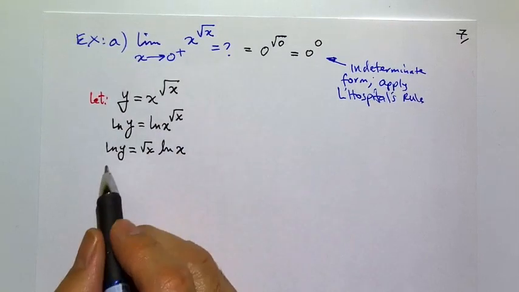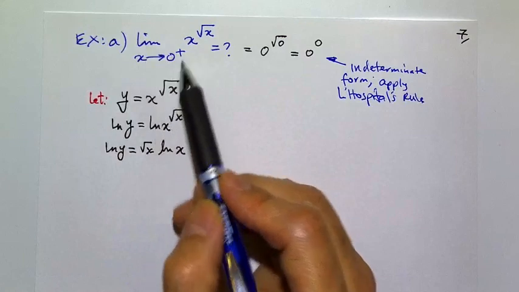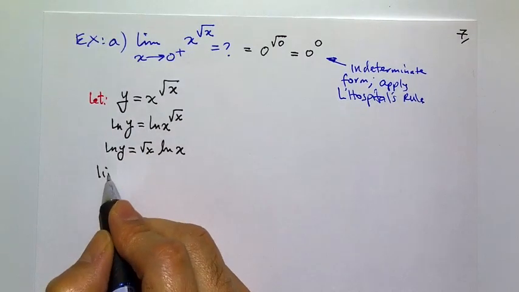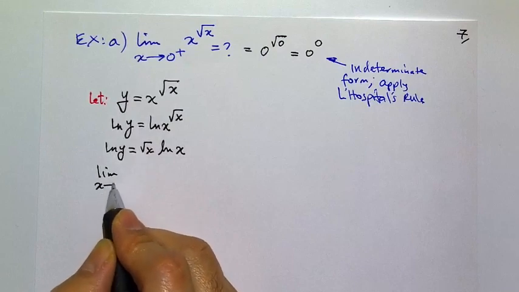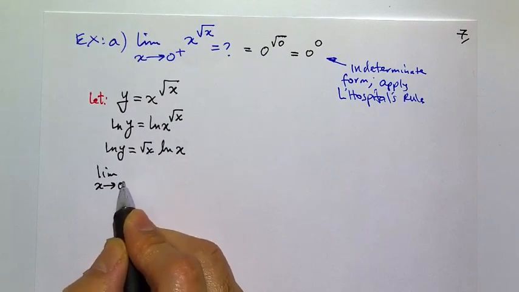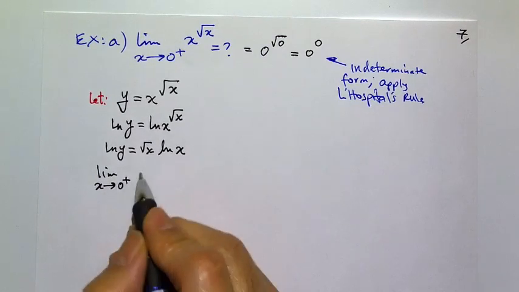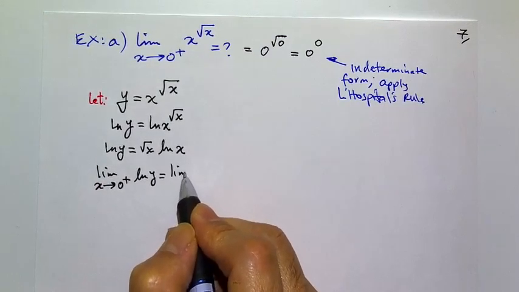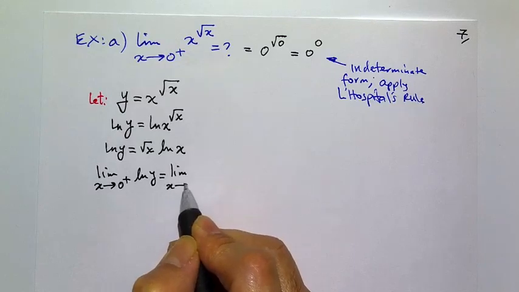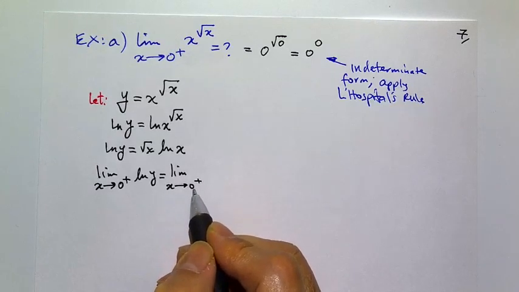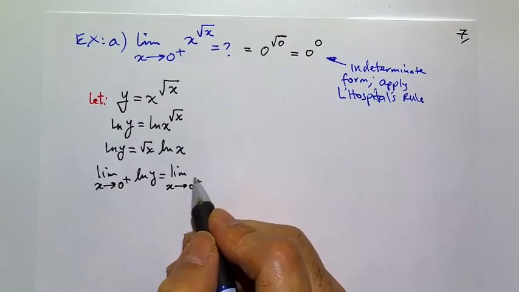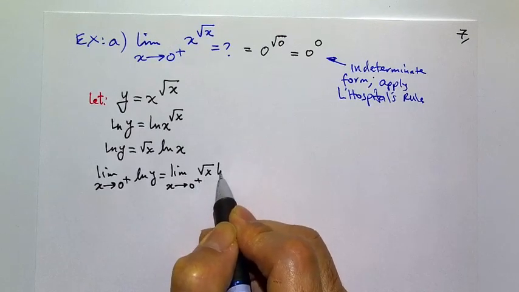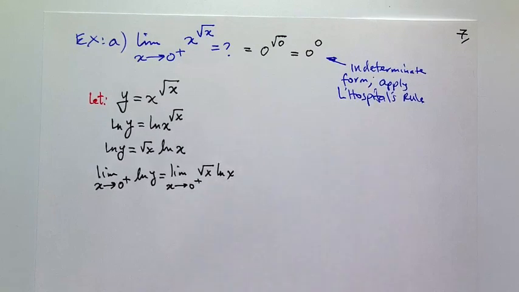Now, if we take the limit of both sides, which is conditioned here, we say the limit as x goes to 0 from the right-hand side of natural log of y is equal to the limit as x goes to 0 from the right of square root of x natural log of x, right?